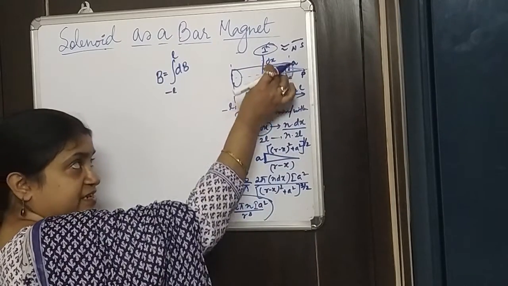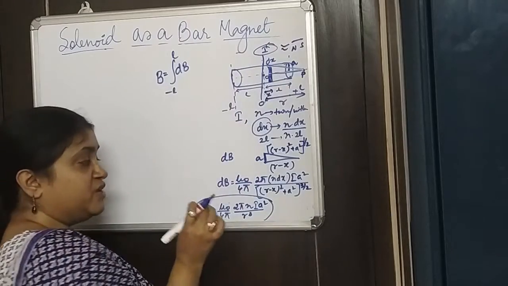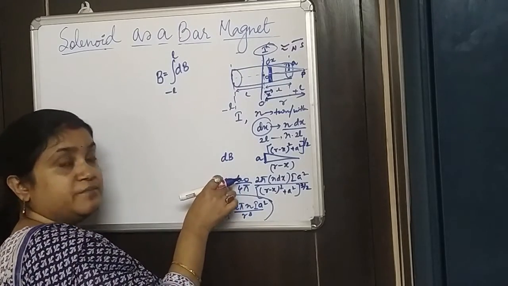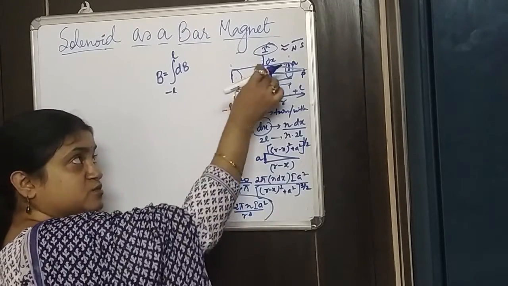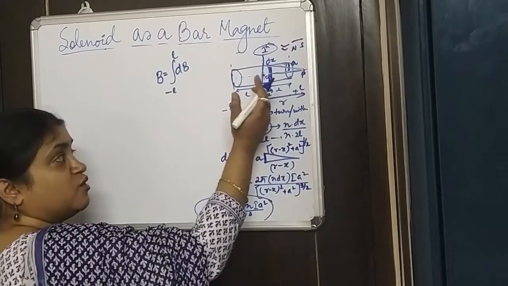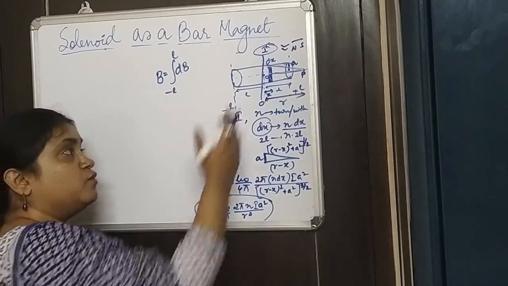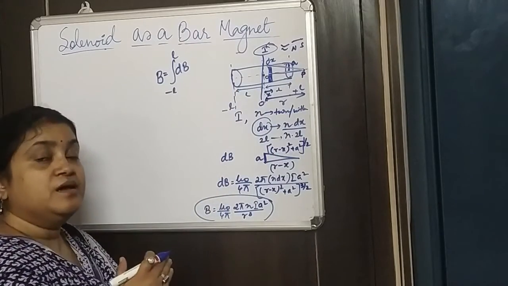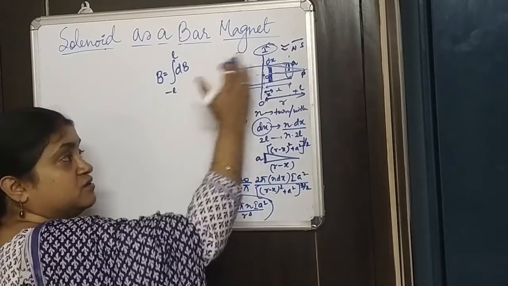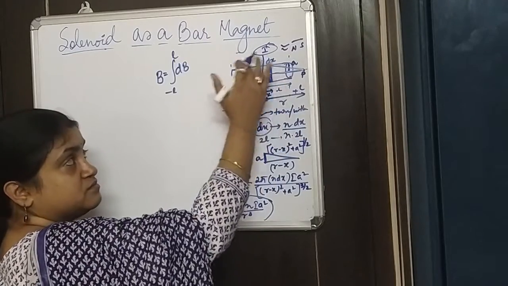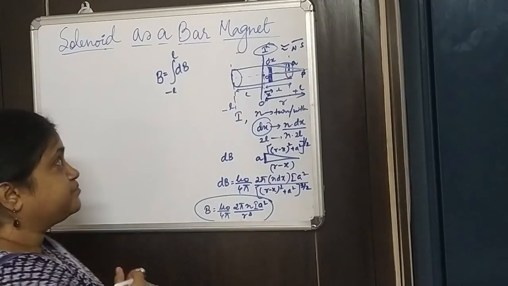So, we have taken a small section and we have seen what this small magnetic field is for this small section. Now, we are integrating this small section from minus L to plus L to check what the total magnetic field B for this solenoid is at a point P.